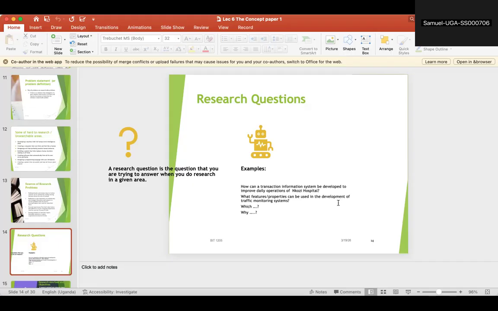What features, properties can be used in the development of a traffic monitoring system? So you can use the 5WH to ask various questions that can help you to formulate your research solution domain.